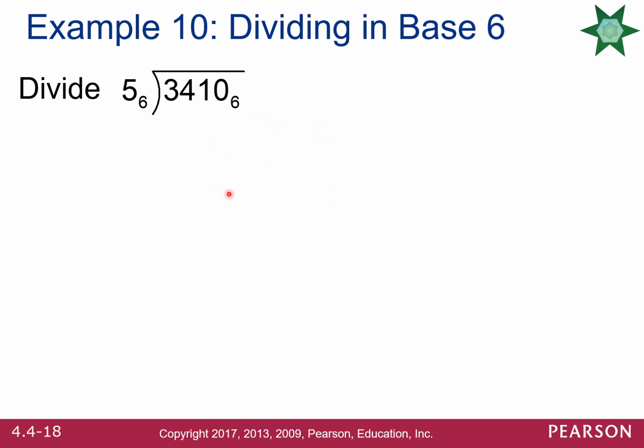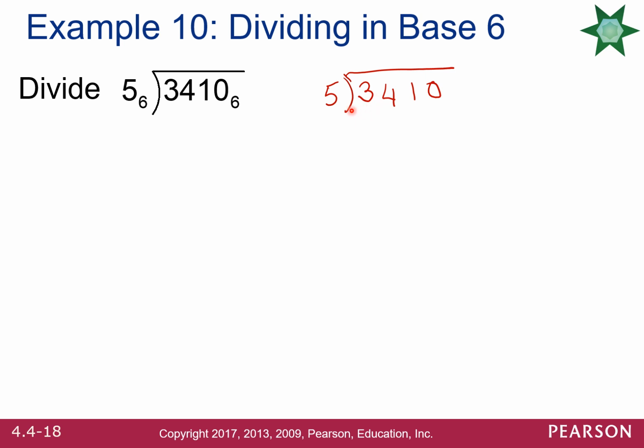All right, so for now I'm going to imagine that this was a decimal division, and I'm going to work this out here. So the number given is 3410 divided by 5. If we were doing this division in decimals, the first thing we have to think is, what should we multiply the 5 with to get a value of 34? 3 is less than 5, so we have to work with 34, the two left digits here, 3 and 4.